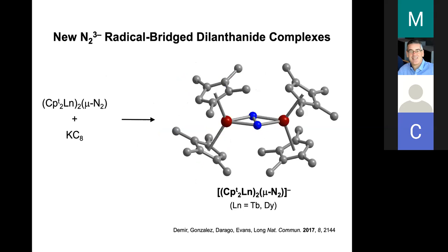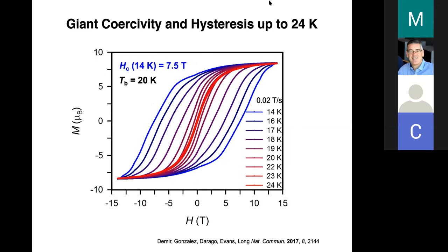And if you strip away and make an even lower coordination number for the lanthanide centers, then you can get even wider hysteresis loops. And so this molecule, the terbium complex, shows hysteresis up to 20 Kelvin and even past if you sweep fast.